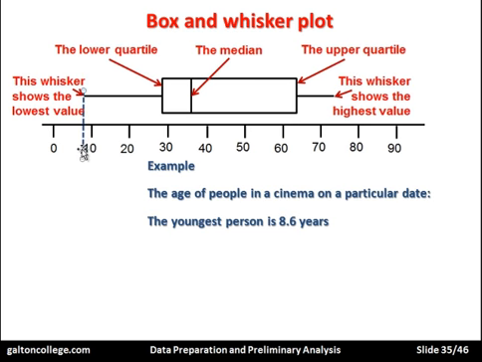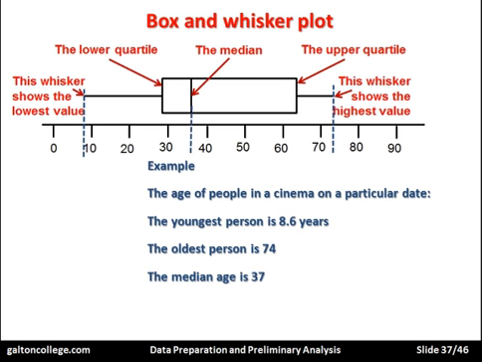You can see it's below 10, so it's 8.6. So that's the lowest value. The oldest person is 74, and that's indicated over here. That's the top value.